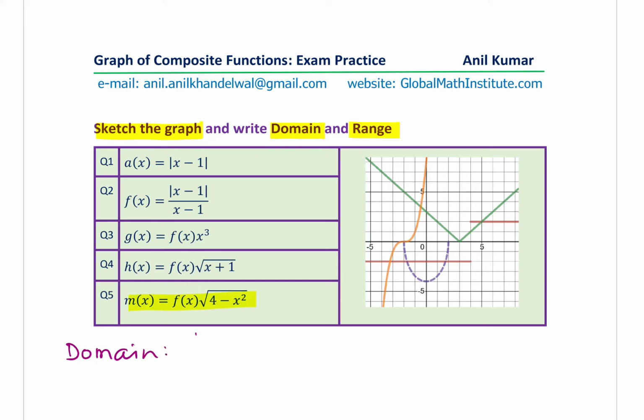Domain is intersection of functions. So only points which are common in the domain of both the functions will be considered for the domain of the composite function, right? As we have seen in this particular case.